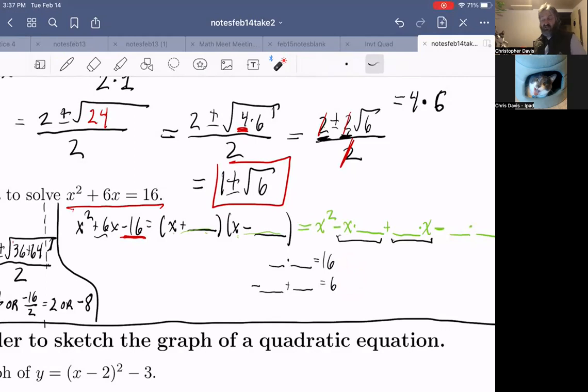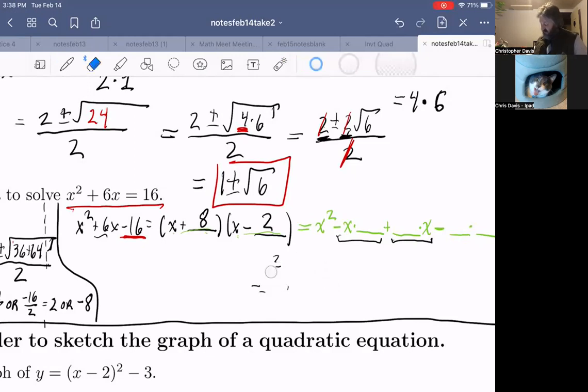Well, there aren't that many factorizations of 16. There is 1 and 16. Oh, but negative 1 plus 16 is no good. That equals 15. There's 8 and 2. Oh, that'll do. Negative 2 plus 8 is 6. So let's fill those in. It looks like x plus 8, x minus 2 does the job.